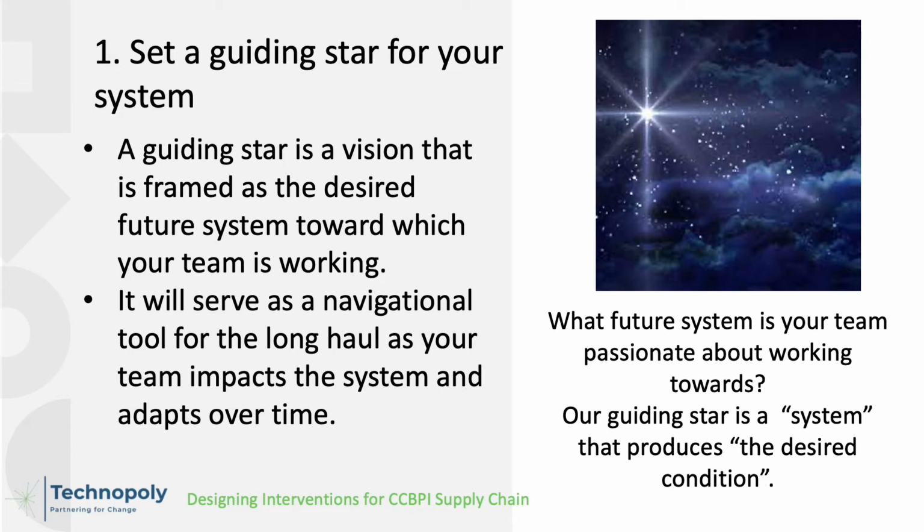The guiding star serves as our navigational tool, just like the Star of Bethlehem, where the three kings were following it, never reaching it, but following it and being guided by it. When we talk about the guiding star, we ask ourselves, what future system is your team passionate about working towards? What is the system working towards? That answer helps us understand the goal or the desire of the system.